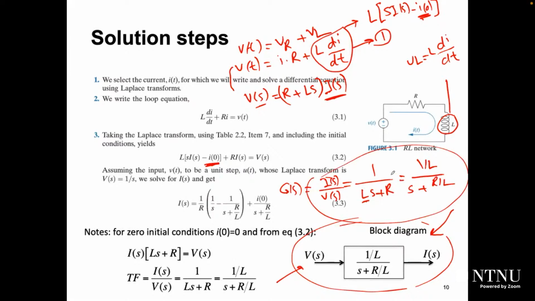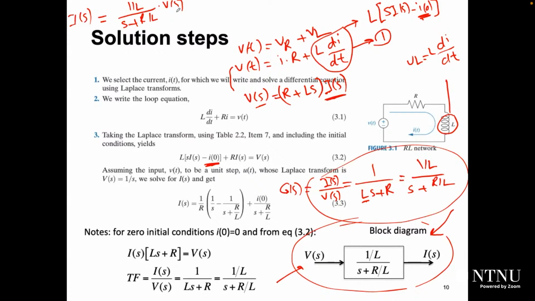So we can say that I of s equals that part multiplied by V of s. So cross multiply, we will have I of s equals 1 divided by L, divided by s plus R divided by L, multiplied by V of s. So we need to see how much V of s is.